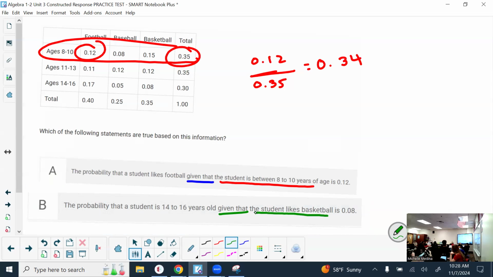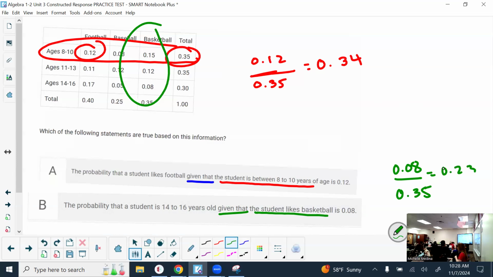How many total students like basketball? 0.35. How many of those kids are 14 to 16? 0.08. Divide that. 0.08 divided by 0.35, I get 0.23 as my decimal. So don't pick this one either. These are both incorrect, so it's between the other two options, which I don't have time to show you today.